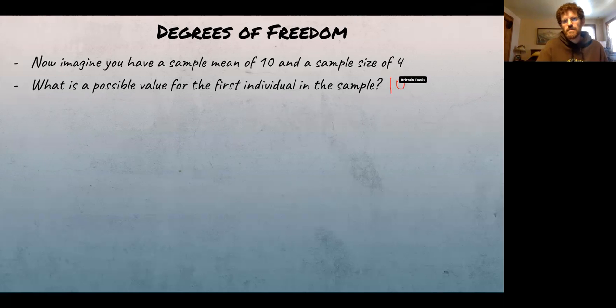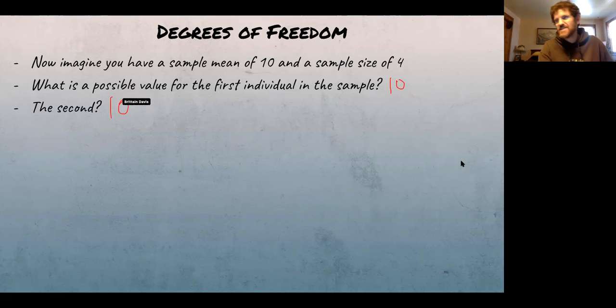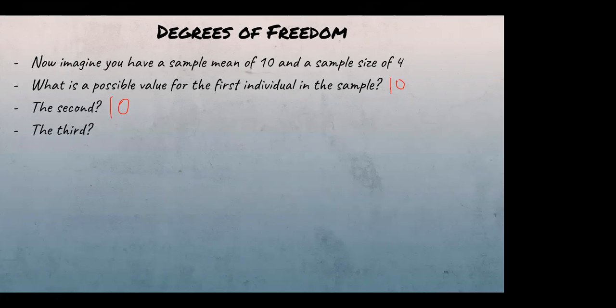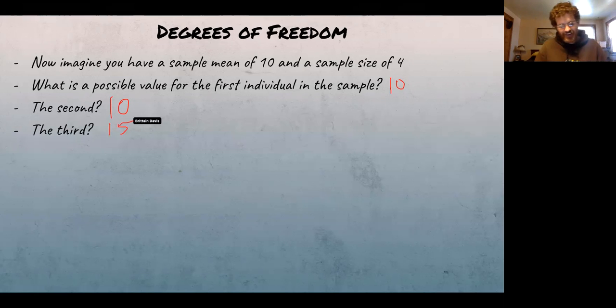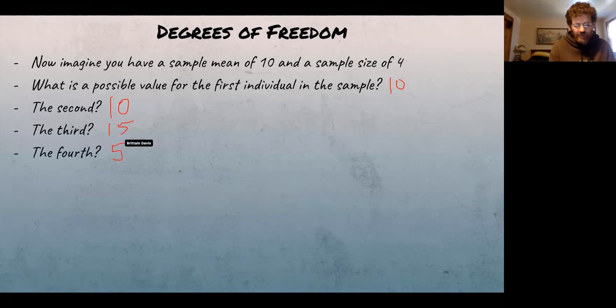The second one, what's the second one going to be? 10. And then the third one, what's that? I'll say 15 this time. Okay, 15. All right, so the last one, what does it have to be? 5.